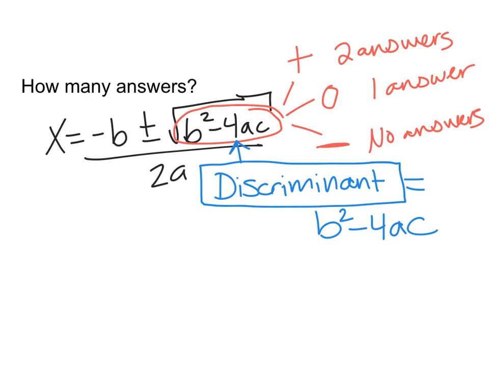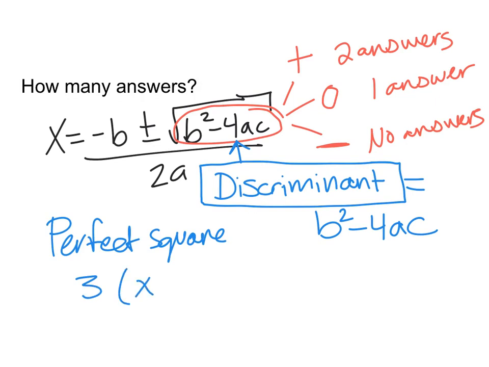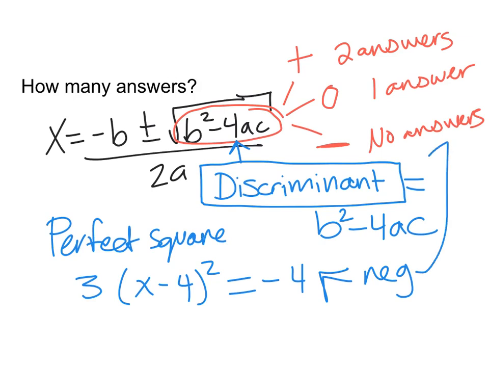and it allows you to see how many answers there's going to be to the quadratic. We, of course, have another way to tell how many answers there are. That's if you're dealing with a perfect square, or if you're dealing with something in completed the square form. So if you had 3 times x minus 4 squared, and that equals, once you get it to this point, negative 4, well, if that number is, once again, if it's negative, that means that there's no answers.